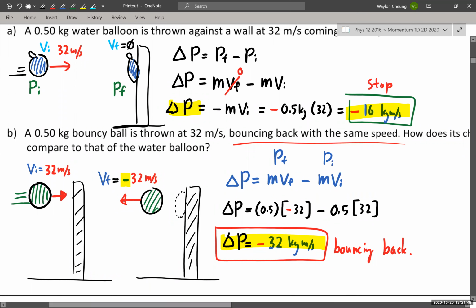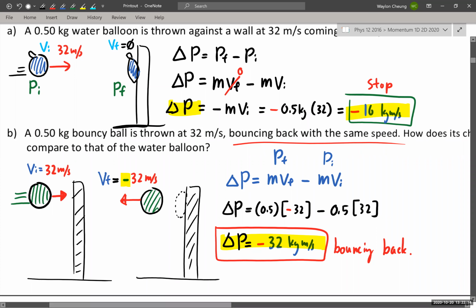Now, but look at that. Stopping the ball only requires a change in momentum of negative 16. Bouncing it back requires a change in momentum that is negative 32. That means which way is going to be more damaging to you? Bouncing it back. So it's always easier to just catch the object and make it stop than to punch the ball back.